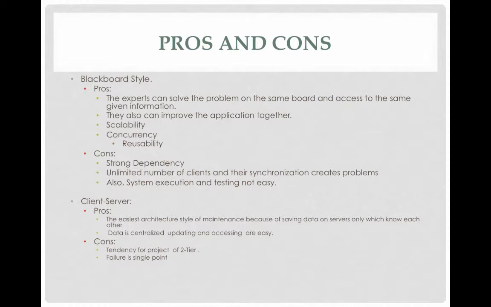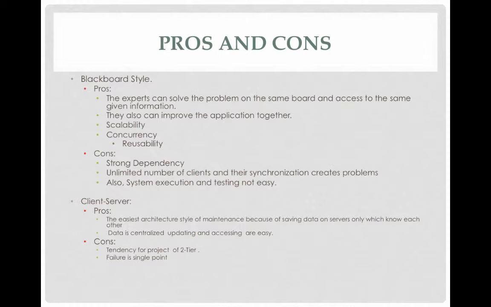Now let's see the pros and cons of each architecture style. The Blackboard architecture style has pros, as the experts can solve the problem on the same board and access the same given information. Also, with this style, they can improve the shared whiteboard together, and it has scalability, concurrency, and reusability.